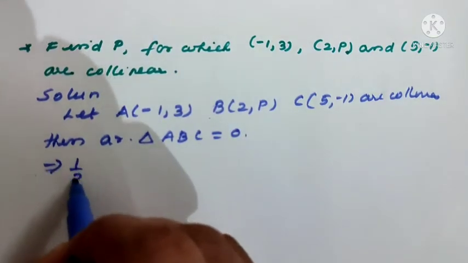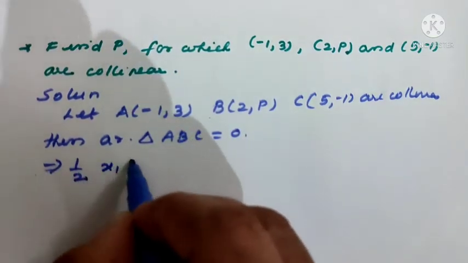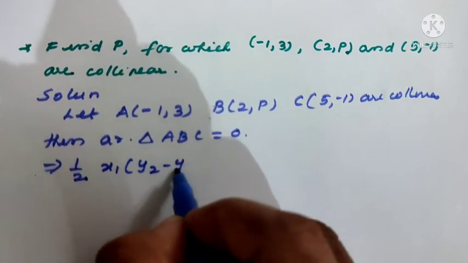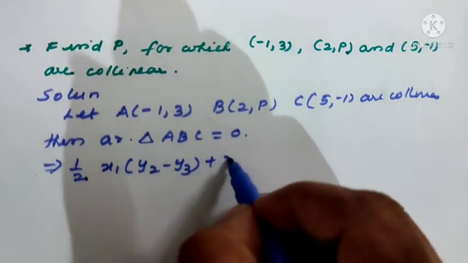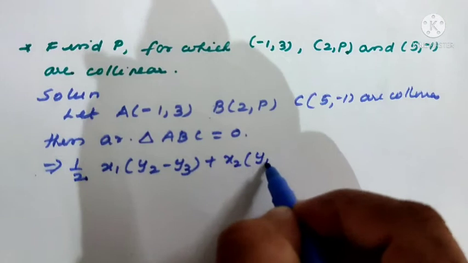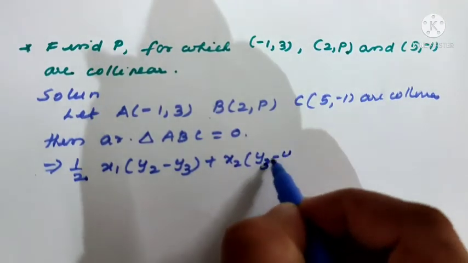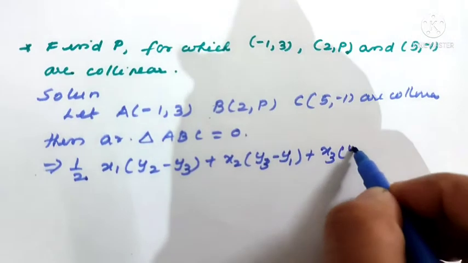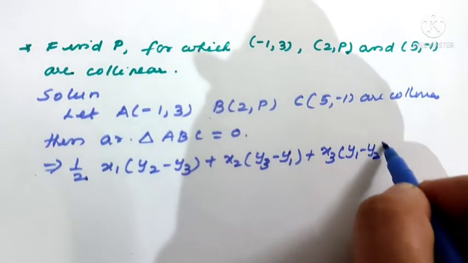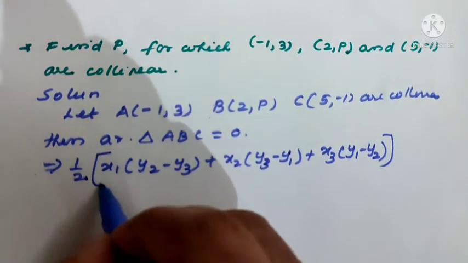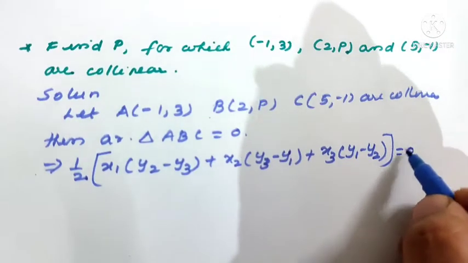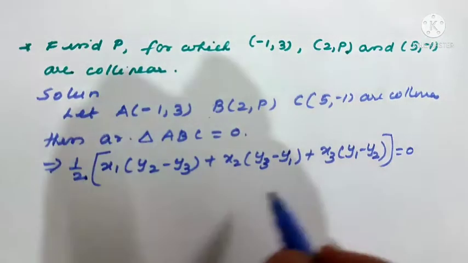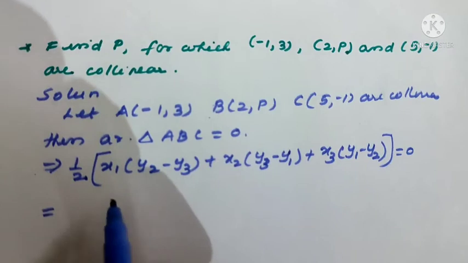This implies half into x1 into (y2 minus y3) plus x2 into (y3 minus y1) plus x3 into (y1 minus y2), all the terms in the bracket equal to 0. So half I will take to this side, so it is again 0 only.